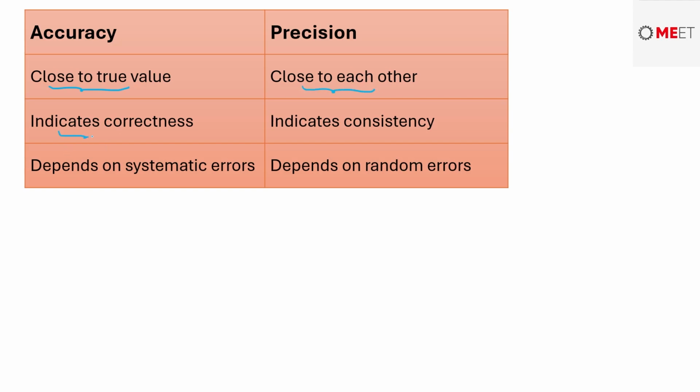Accuracy indicates correctness. Precision indicates consistency, repetition. Accuracy depends on systematic errors. Precision depends on random errors. Random errors could be positive or negative. Those are caused by fluctuations in the temperature or in the electricity.